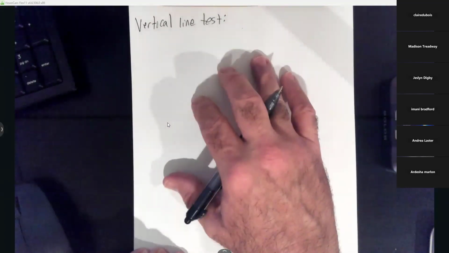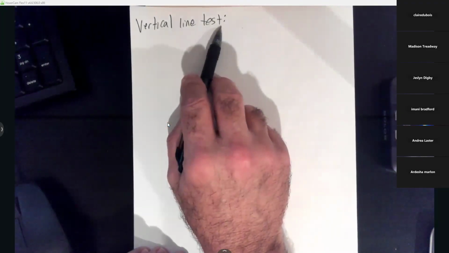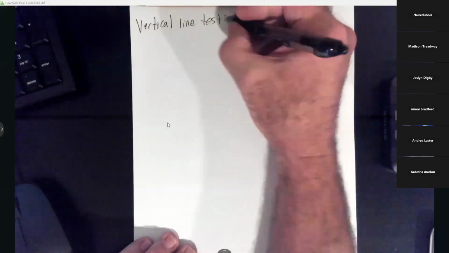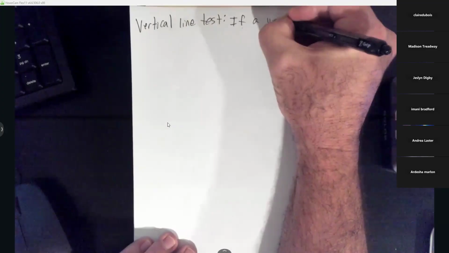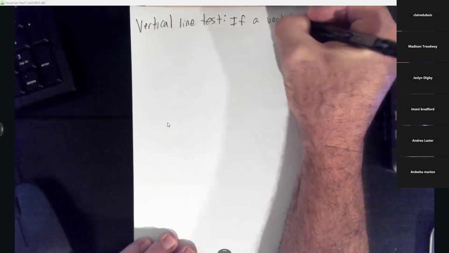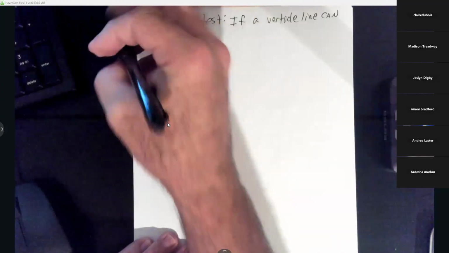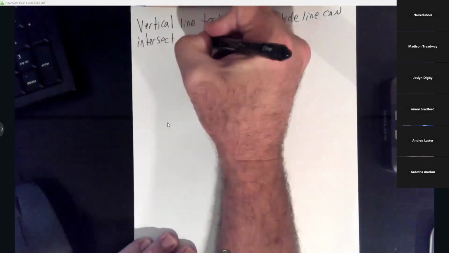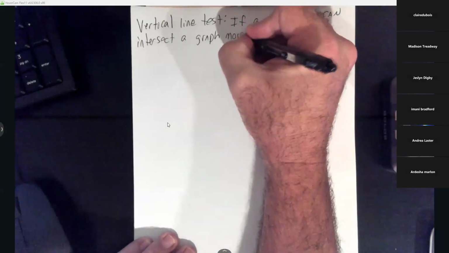So if you're looking at a graph, I can tell if it's a function or not by doing the vertical line test. So this vertical line test says if a vertical line can intersect a graph more than once.